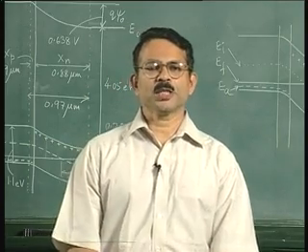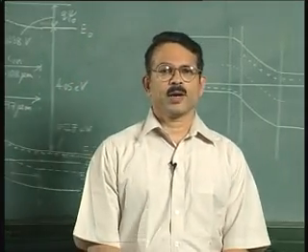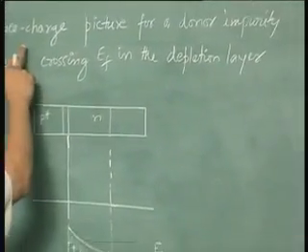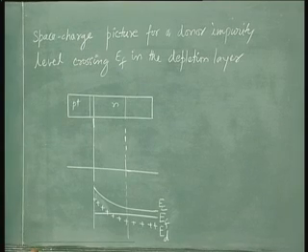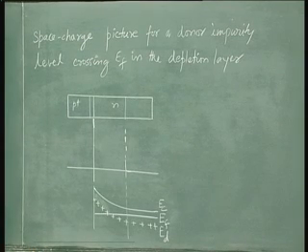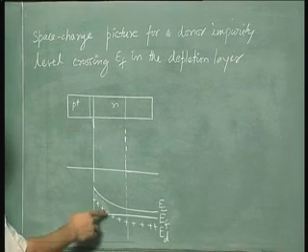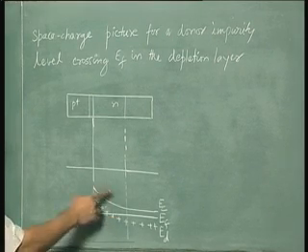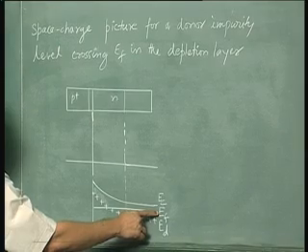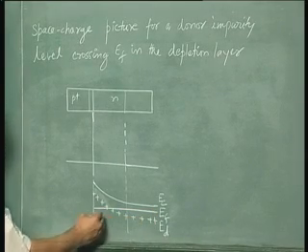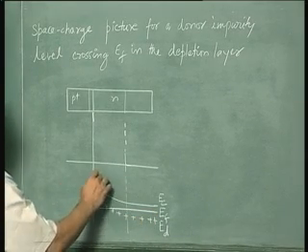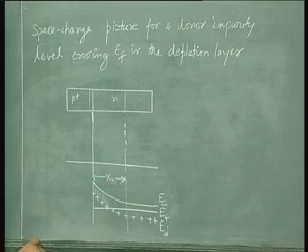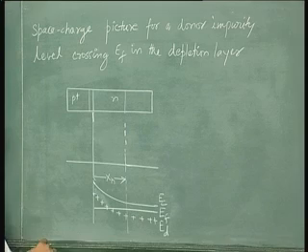Let us draw the space charge picture for an impurity that is crossing the Fermi level. So we are assuming a donor impurity which crosses the Fermi level, the picture being as shown in the band diagram here. A portion of the band diagram which shows EF crossing ED is shown here. This is the depletion region. So this is Xn, the portion of the depletion layer on the N side.